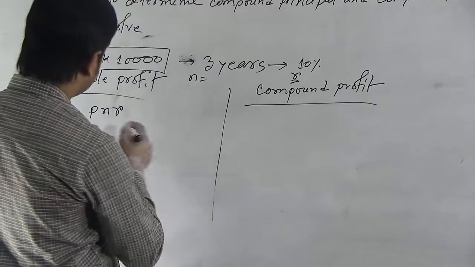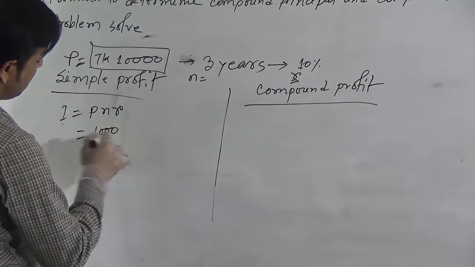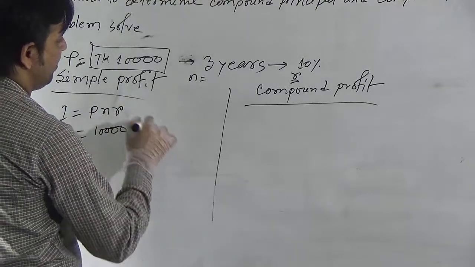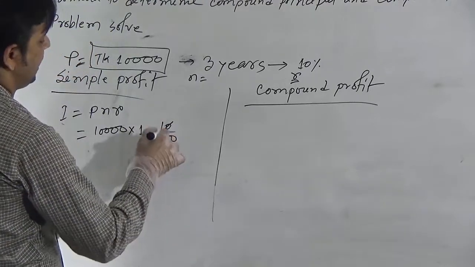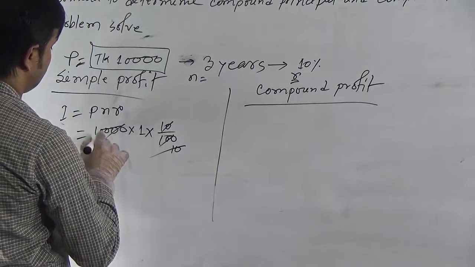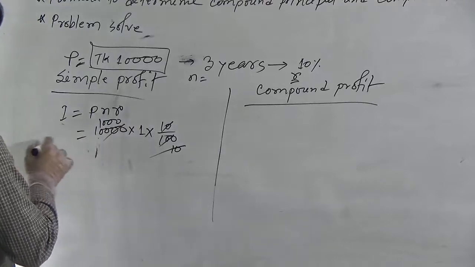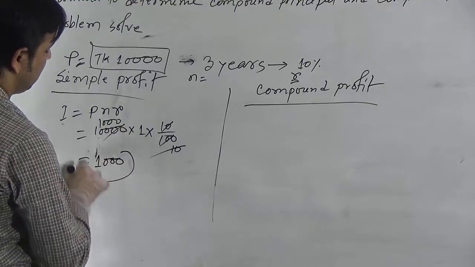Here P means taka 10,000, N means time 1 year, and R means 10%, that is 10 by 100. If we calculate, we can divide by 10, and it will be 1000. So we can say the profit of 1 year is 1000.